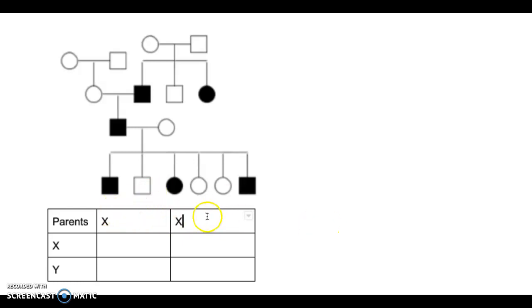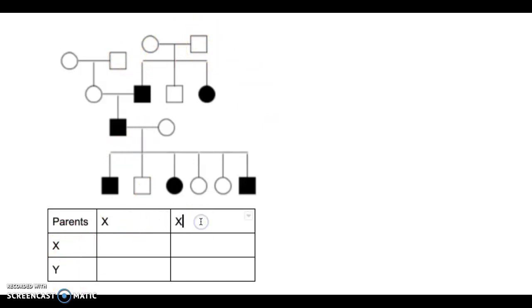I know that a mother will have two copies of the X chromosome, and I know a father will have one copy of the X and one copy of the Y. Now, if our trait was being carried on the father's X chromosome, he would be showing the trait. Okay, so it's not. He's fine.